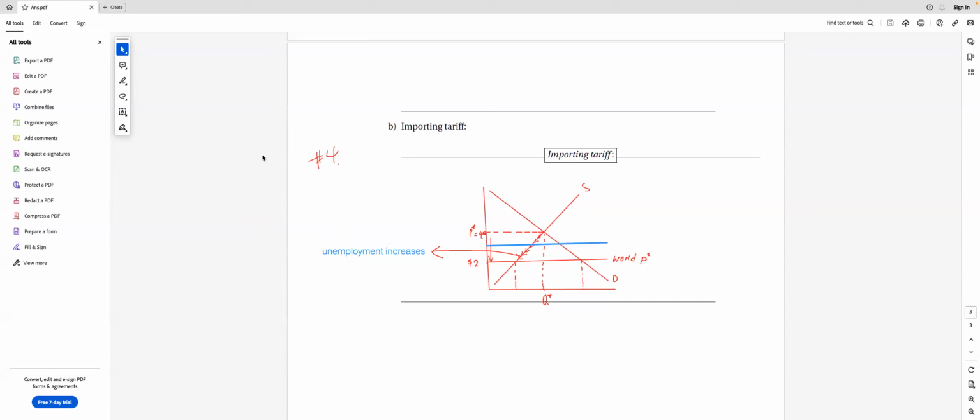We vertically shift this horizontal line, the world price, upward. We label the second line the world price plus per unit tariff. By adding this tariff, we are making goods and services made by China more expensive.